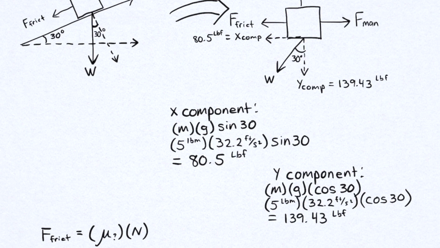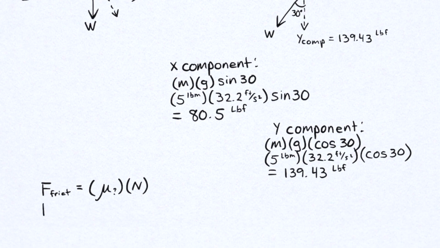And since static friction is typically higher because it's harder to move an object right from the get-go, he's going to be undergoing static friction. So I'm just going to rewrite that again. F sub friction equals mu subscript S, because I know what it is now, times the normal force.